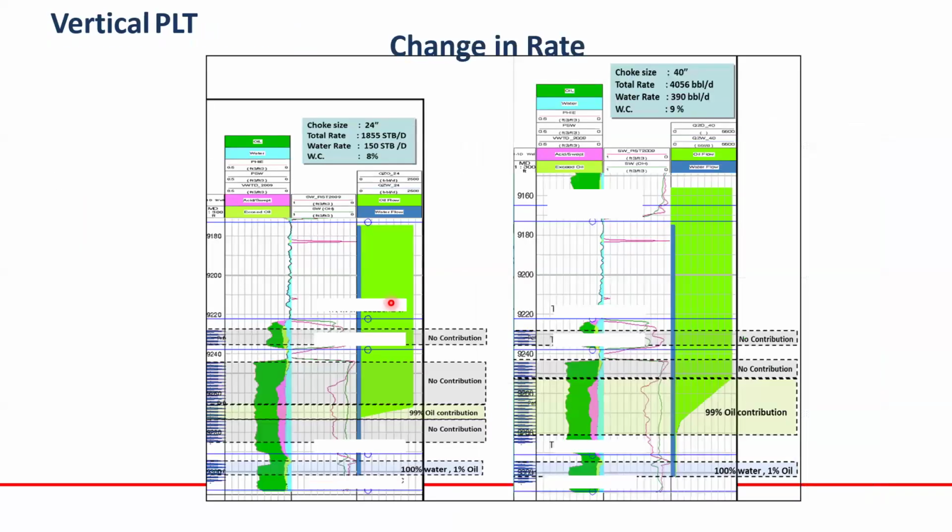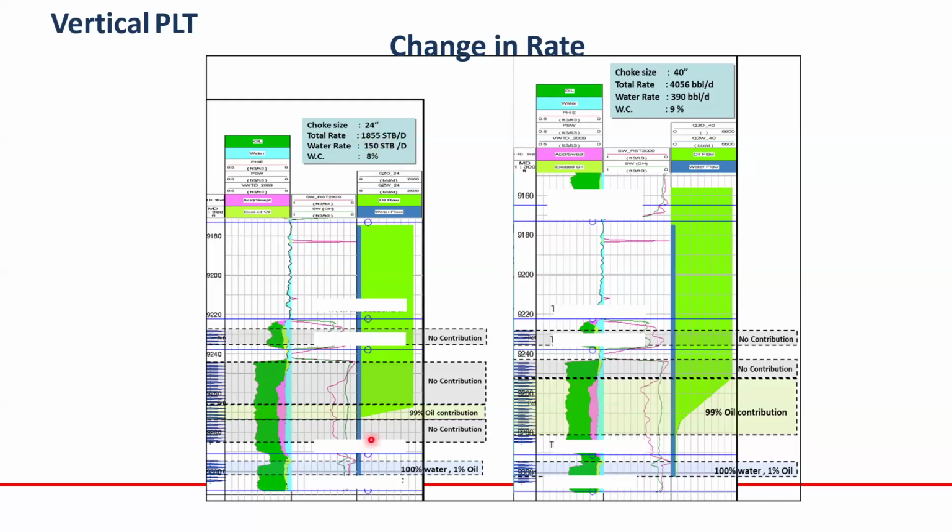Now, I told you that with PLT we can have a change in rate. So we have a change of rate. This one was producing at a total rate of 1855, and this one producing 4,000 barrels.